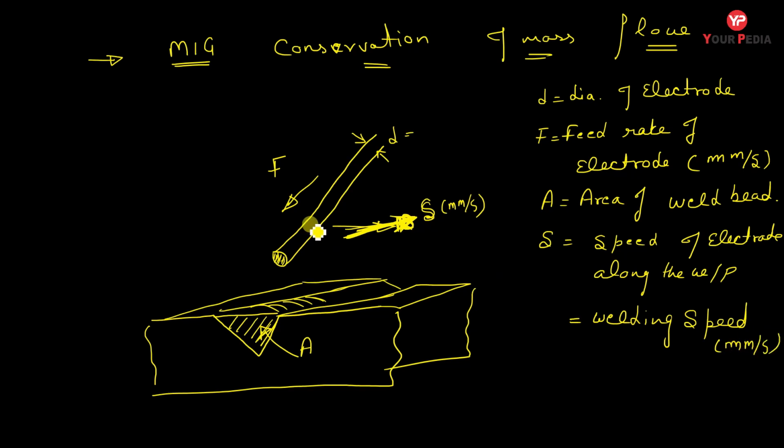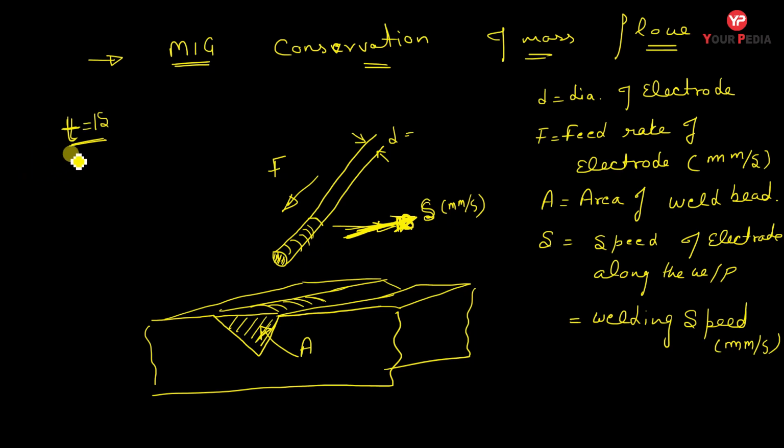Now for example, this much volume of metal is melted. How can we calculate that in time t, for example time t equal to 1 second? In 1 second, how much volume of metal melted from the electrode?